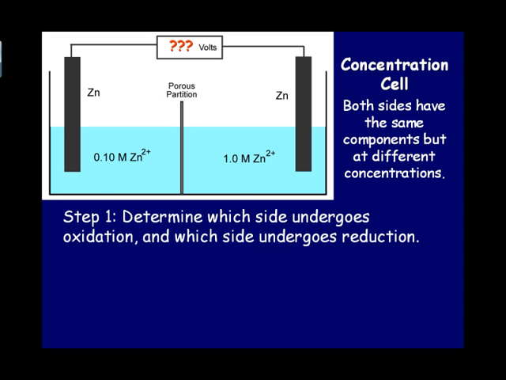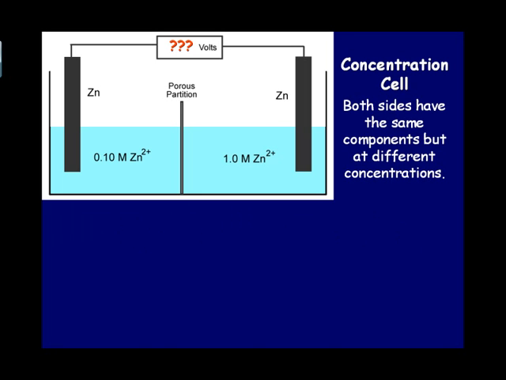Step 1 is to determine which side undergoes oxidation and which side undergoes reduction. Now typically electrons will flow towards the more positive solution. So chances are the electrons are going to go towards the 1 molar zinc 2+ simply because there's more positive charge there.